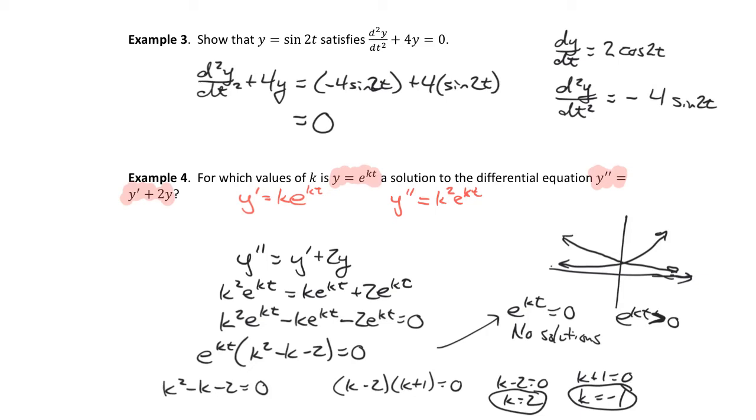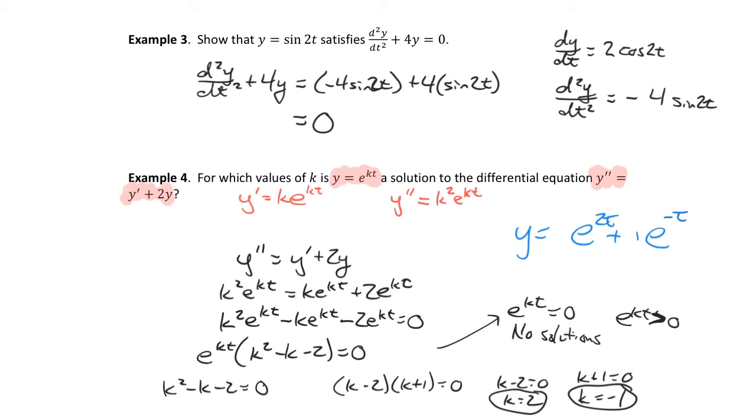I'm going to give you a bonus piece of information here. If we take these two values, 2 and negative 1, we could create a new equation, which is y equals e to the 2t, plus e to the negative t, negative 1 times t that is.